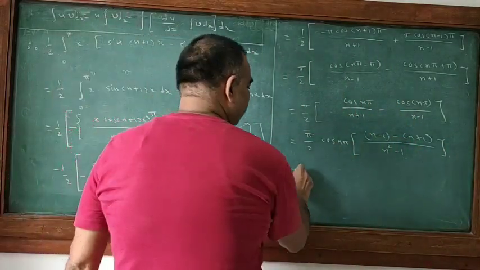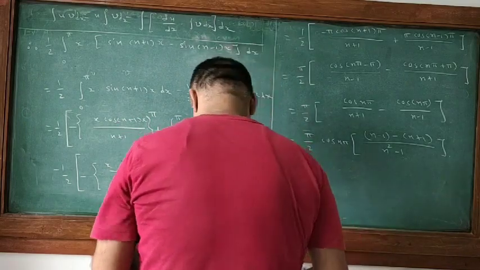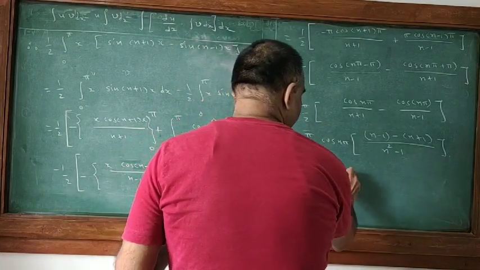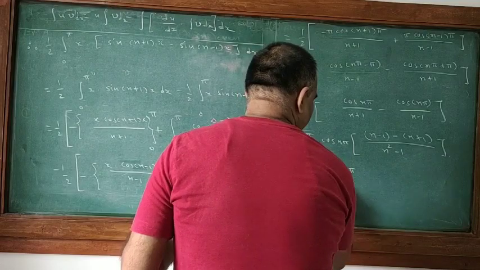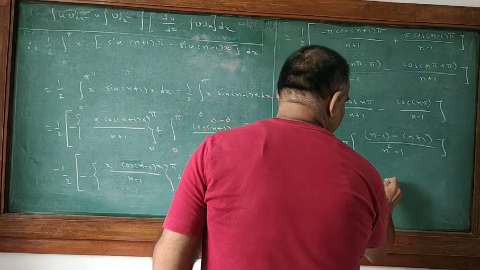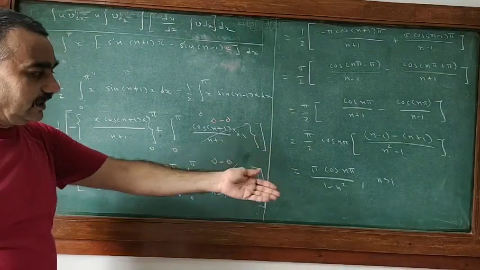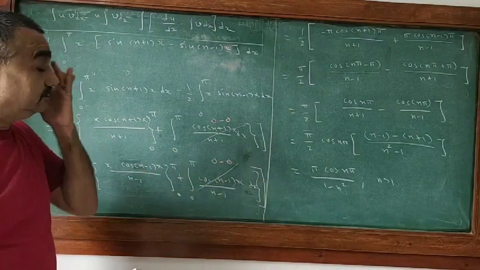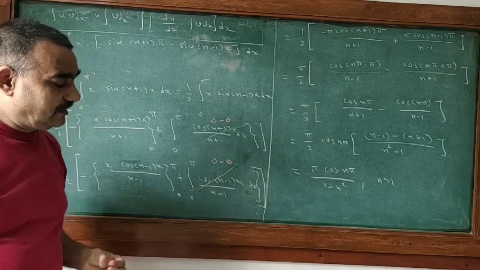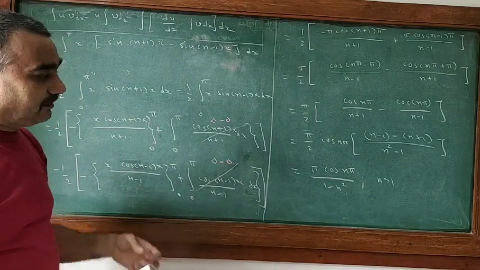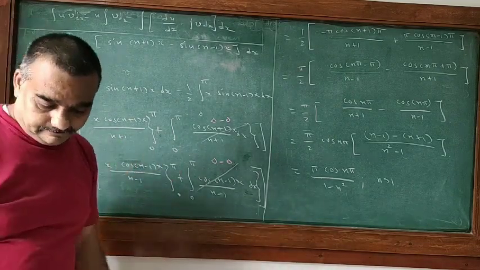So this is equal to pi cos n pi upon 1 minus n square. So obviously n greater than 1, because at n equal to 1 it is equal to 0. So we have to find the values for n equal to 1 separately.